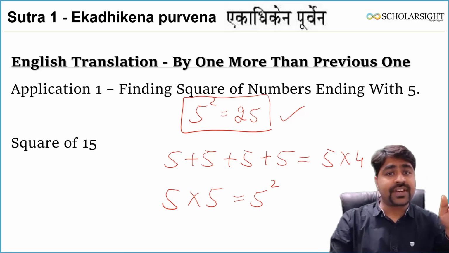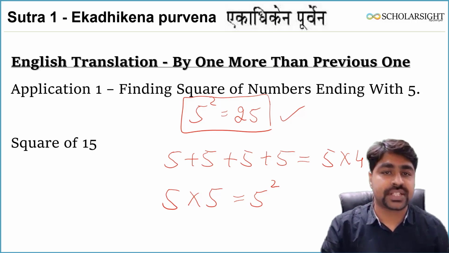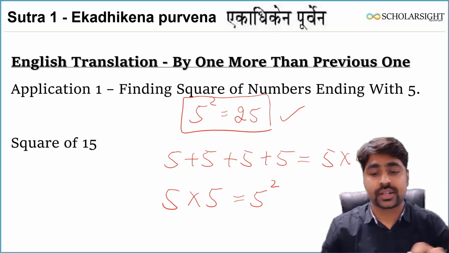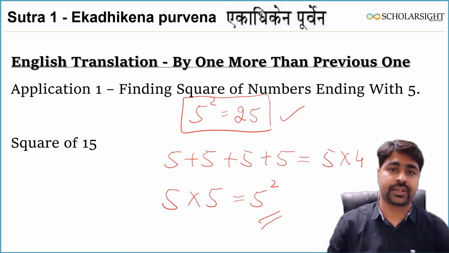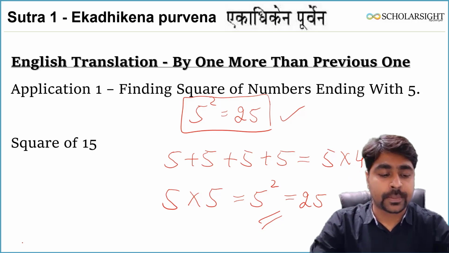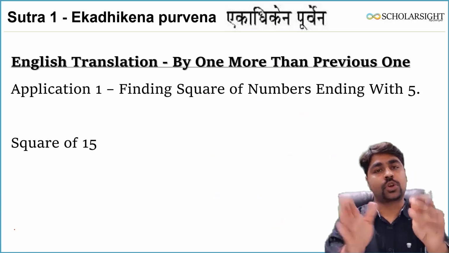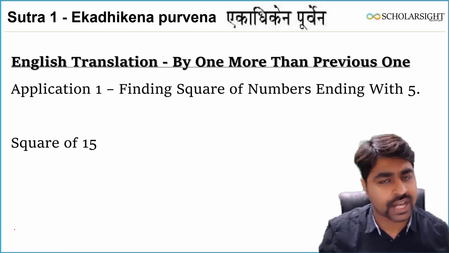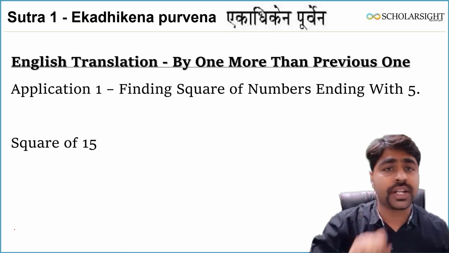So 5 multiplied by 5 is 5 square, and that is what we mean by square, and that is 25. This is one prerequisite to solve with this particular sutra. I hope all of you already know this.